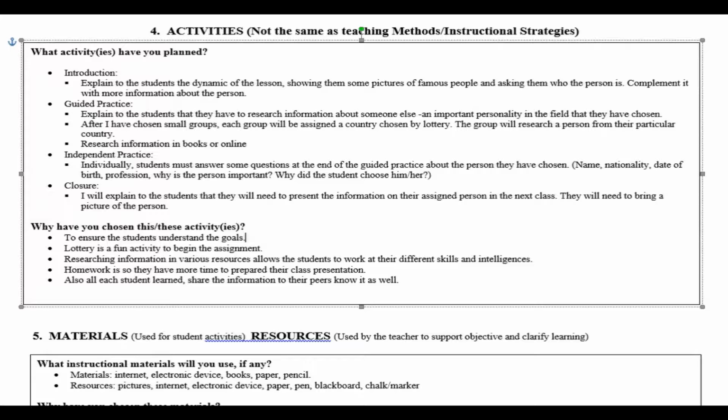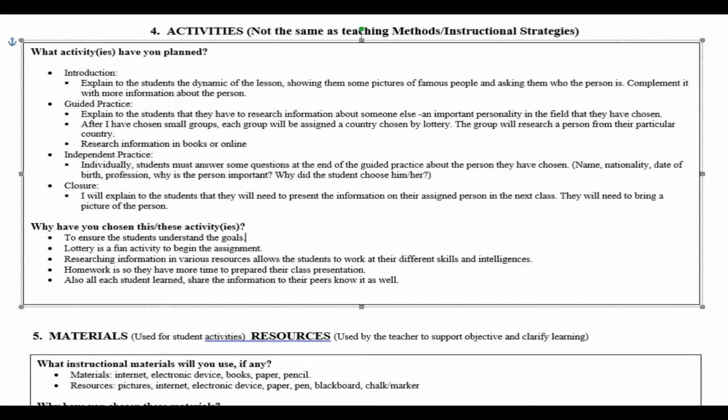Then I'm going to explain to students that they have to research information about someone else, an important personality in the field that they choose. They can choose any field, so they are free to choose a writer, a singer, a politician, or someone from sports, depending on their interests and intelligences. After that, in small groups, each group will be assigned a country chosen by lottery.